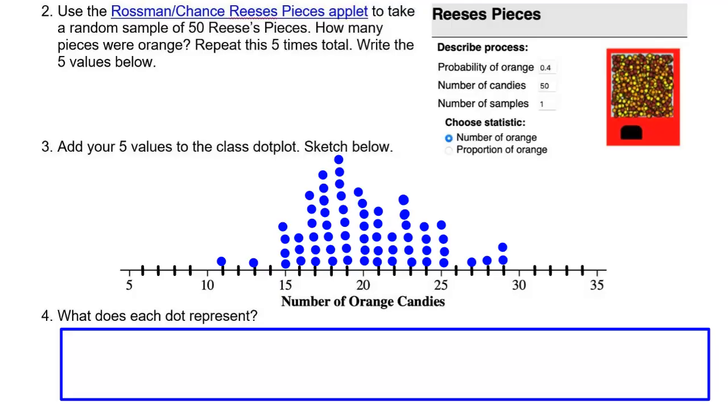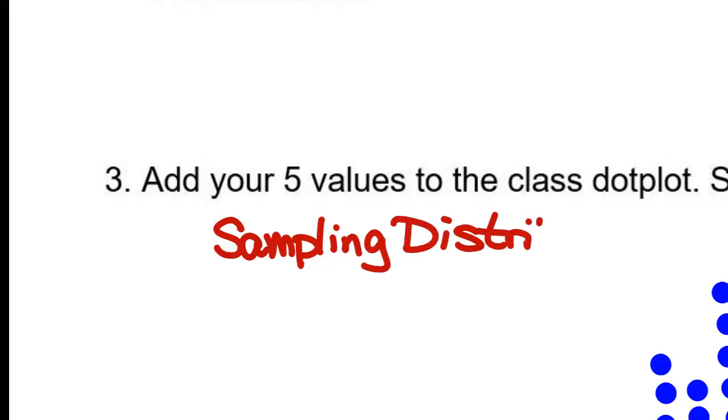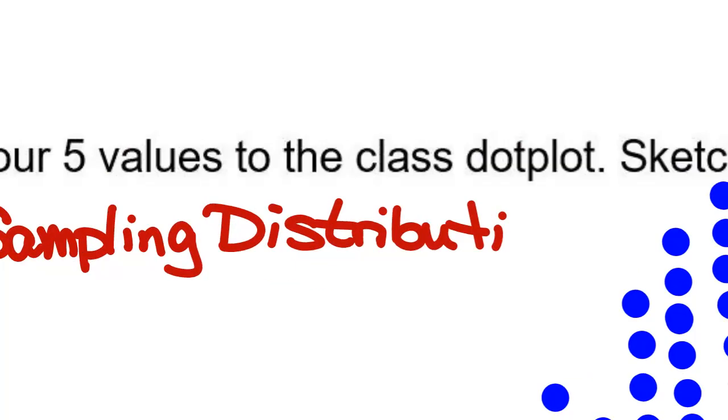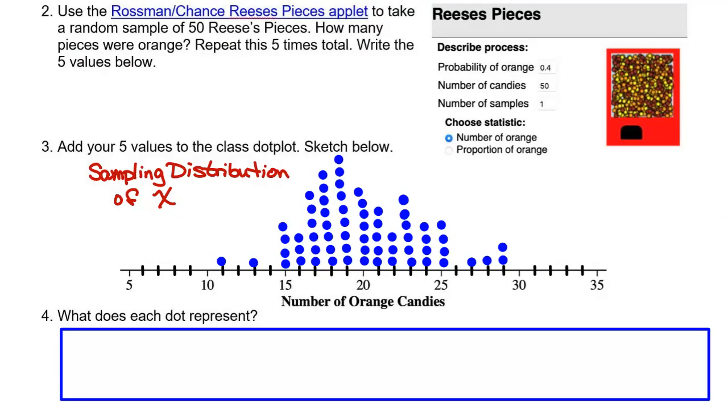This dot plot that we just created is a sampling distribution of x, of our random variable x. What does each dot represent here? A trial.